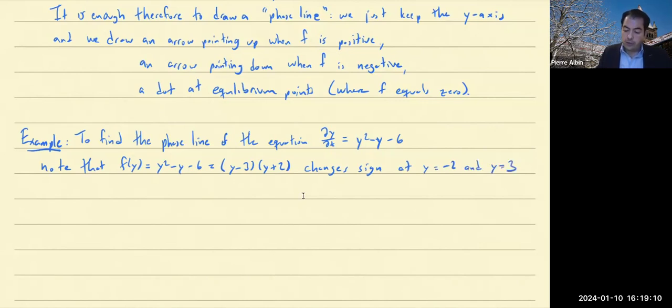Right? So if all we want to know is what sign does f have, we only need to keep track of what happens on either side of each of these points. So we start with, if y is less than minus 2, then what happens? Well, so if y is less than minus 2, then this is going to be negative, and this is going to be negative, and negative times negative is positive.